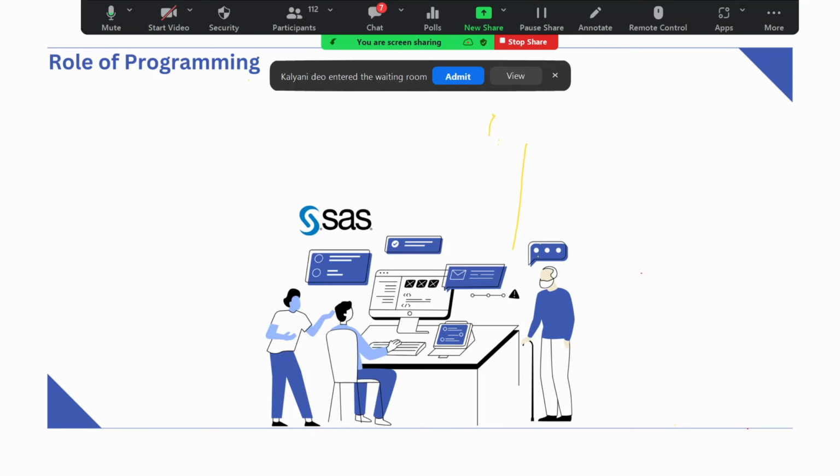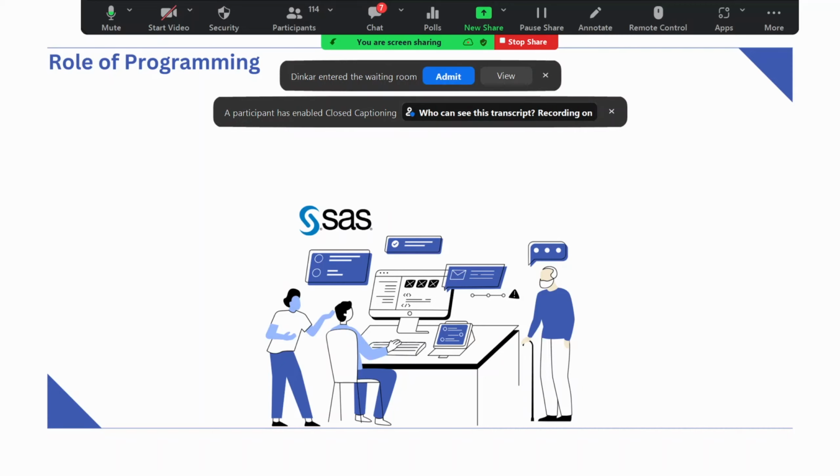SAS has been widely adopted by the industry for many years, and the majority of biopharmaceutical and medical device companies currently use SAS, particularly when working with clinical trial data. SAS programming is user-friendly and easy to learn. 3000 plus life sciences companies are using SAS. 100% of Fortune 500 companies in the life sciences category are using SAS.